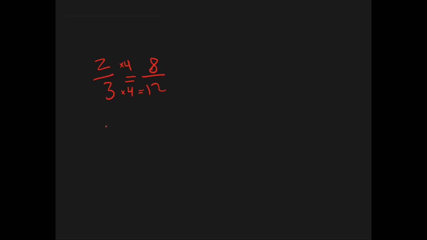We have 5 sixths equals, we know the denominator, and the numerator is unknown. 6 times 2 equals 12. 5 times 2 equals 10. So our numerator is 10, the fraction is 10 twelfths.